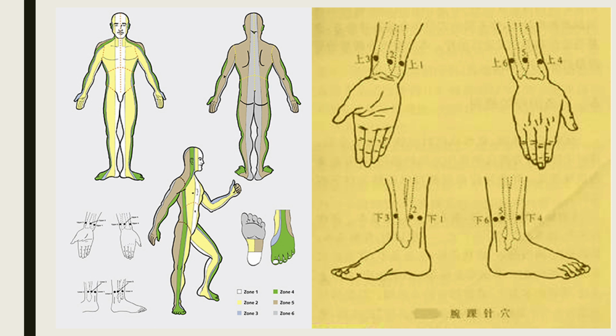The wrist is used for disease above the diaphragm, and the ankle for disease below the diaphragm. The point is stimulated using a filiform needle in the subcutaneous tissue. However, this technique does not require that the patient have a strong sensation from needling or that the patient feel the chi.